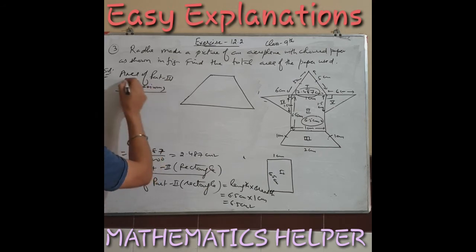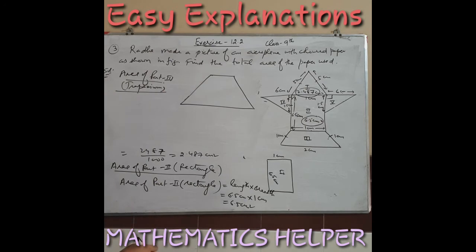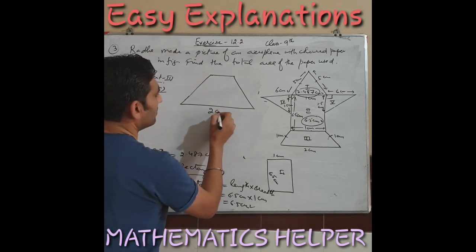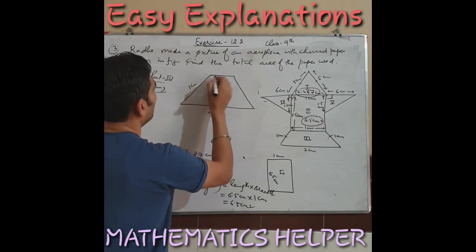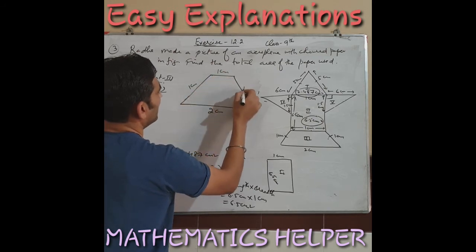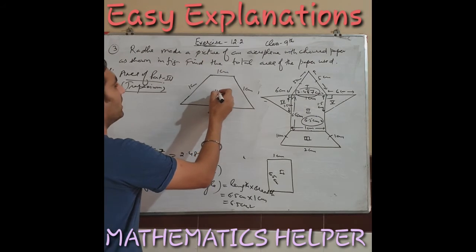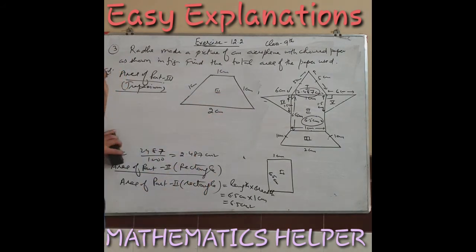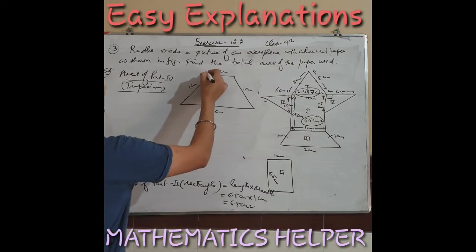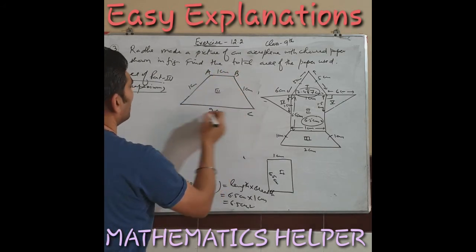So make a heading here, then write the values. It is 2 centimeter given, 1 centimeter, 1 centimeter, 1 centimeter. But directly there is no formula for the area of this third part. There is something required here. So we will give it a name first. Give it the name ABCD in this way.